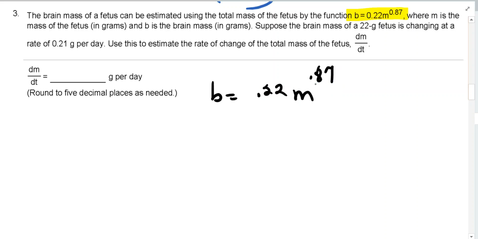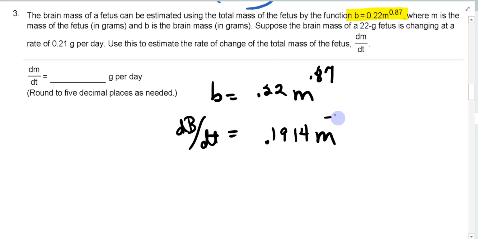So if we're going to take the derivative of that, we've got db/dt equals, now multiply 0.87 times 0.22, and you should get 0.1914 m. If you take 1 away from the exponent, you get negative 0.13. So that's the derivative of that, and it's dm/dt.